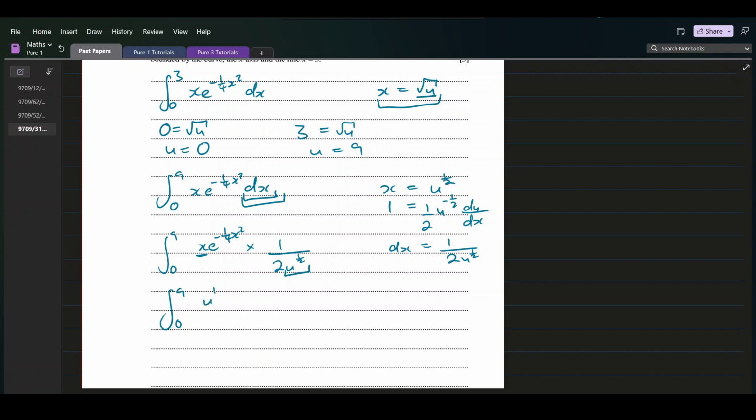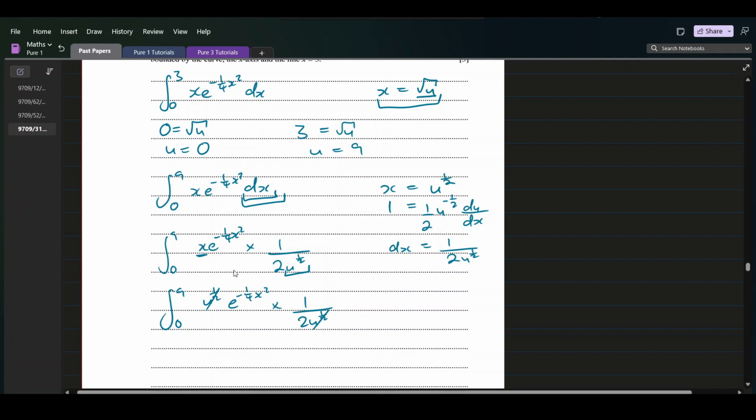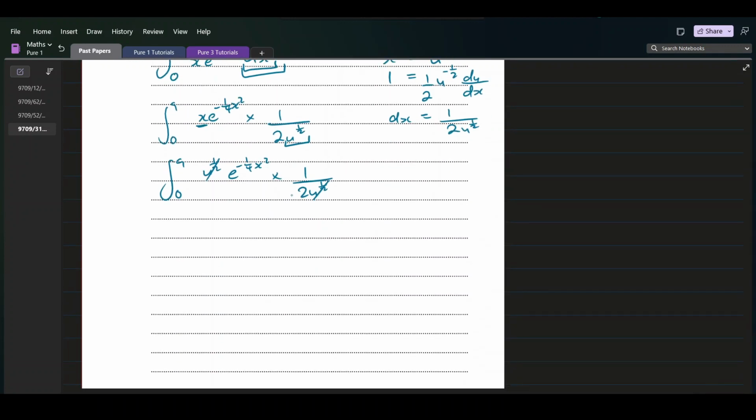So this becomes u to the half e to the negative 1 over 4 x squared times 1 over 2u to the half. And so u to the half and u to the half will cancel out, and what we have is, there should be a du here, and I'm going to move this half outside of the integral sign.